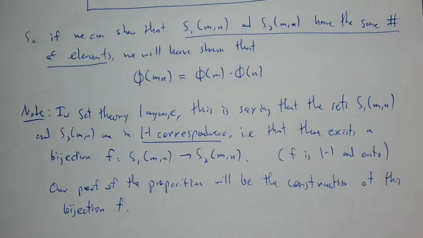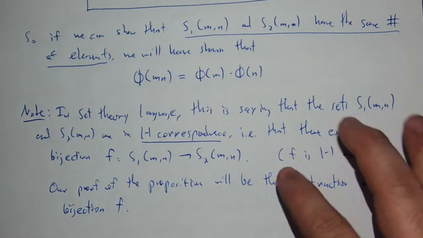And it won't take too much effort technically, but it does actually involve the Chinese remainder theorem, as we'll see. So the Chinese remainder theorem is the way to define one of the directions of this bijection.